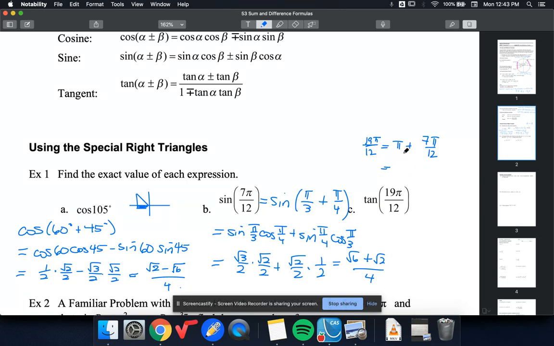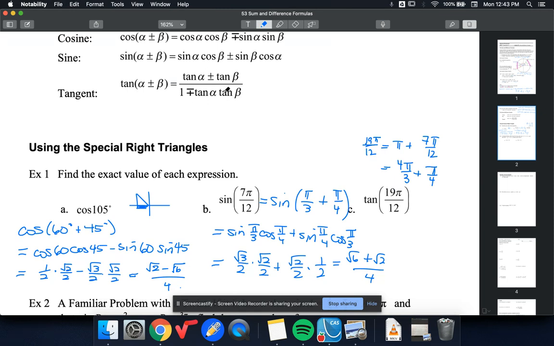So instead, I'm going to take this pi and add it either to the pi over 3 or the pi over 4. So I'll just pick the pi over 3. So then I'll get 4 pi over 3 plus pi over 4. And then I can go back and check myself, making my common denominator of 12. I'll have 16 here. I'll have 3 over here, which will give me 19 pi over 12.